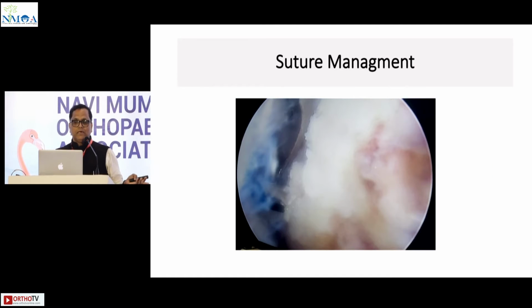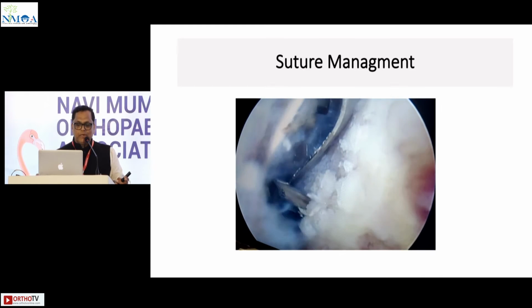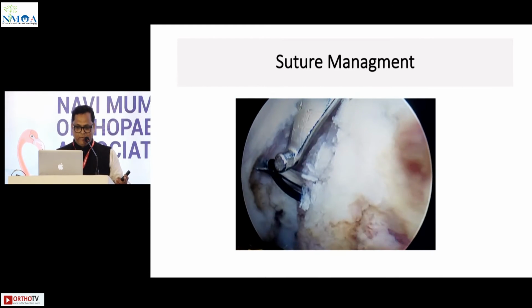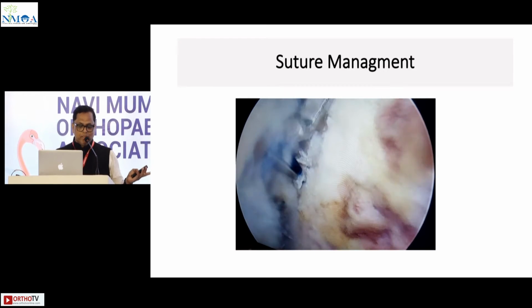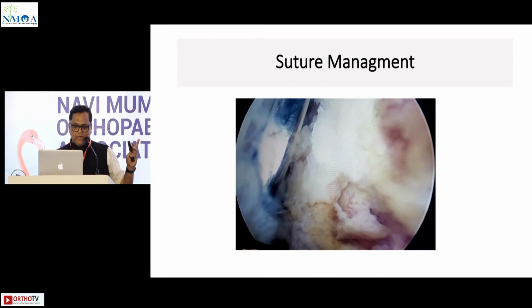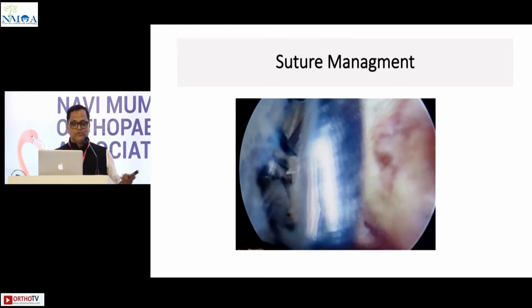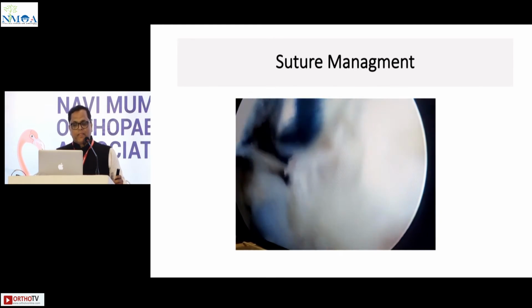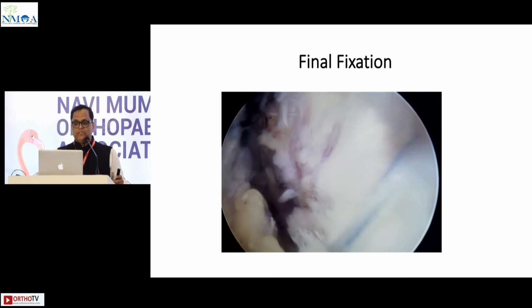And the suture management we can do with the help of a suture retriever, from both holes of the guide wires. We can take out these 2 suture tapes anteriorly and fix them. This is the final fixation.